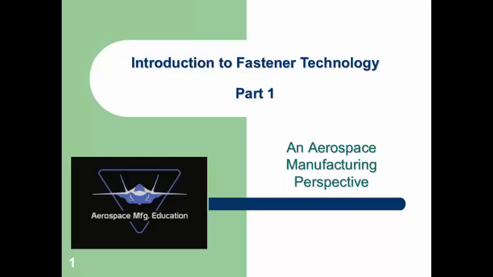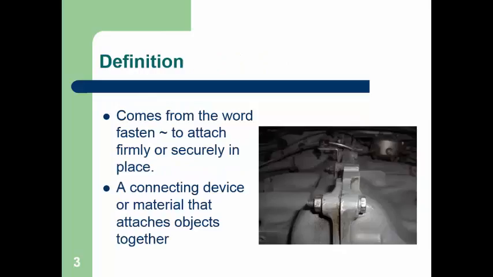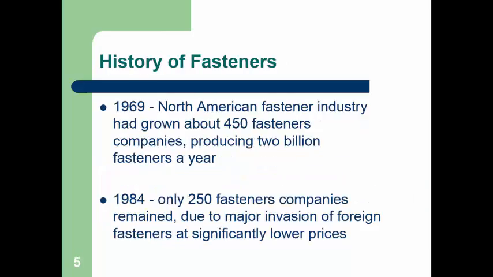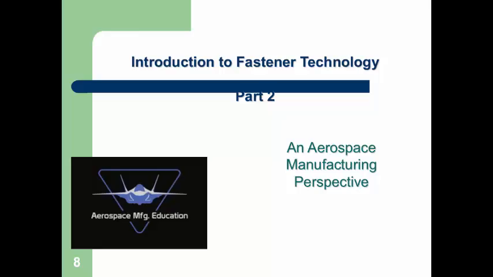It might be interesting to use in a flipped classroom in a machine design course or in a manufacturing processes course. So let's take a look at this. There are 3 parts to this. The first part is an overview of fasteners, and it talks a bit about the fastener industry and where it's at today.